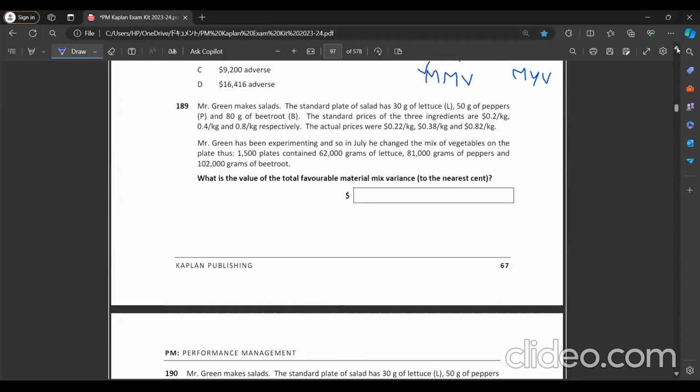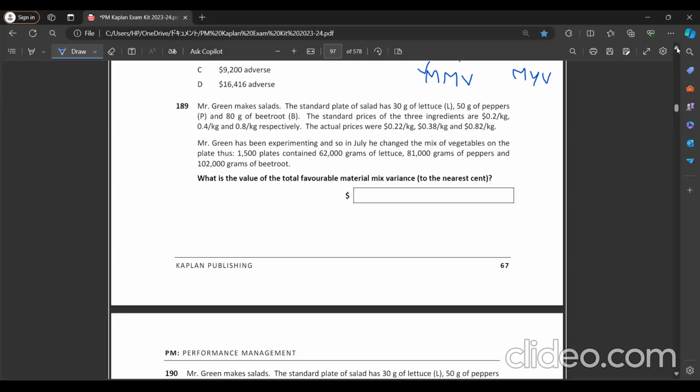The actual prices were 0.22 per kg, 0.38 per kg, and 0.82 per kg. Mr. Green has been experimenting, so in July he changed the mix of vegetables on the plate. Thus, 1,500 plates contained 62,000 grams of lettuce, 81,000 grams of pepper, and 102,000 grams of beetroot. What is the value of total favorable material mix variance?